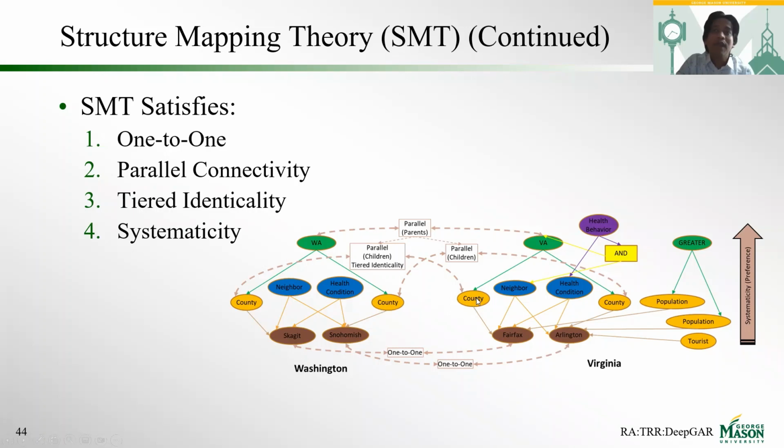Fairfax, maybe instead of considering the whole Fairfax County, you can just consider Fairfax City. Still, you can map that one with Skagit County. So that is called tiered identicality. It is not strict that, okay, you have to be the same. No, no way. Then comes systematicity.